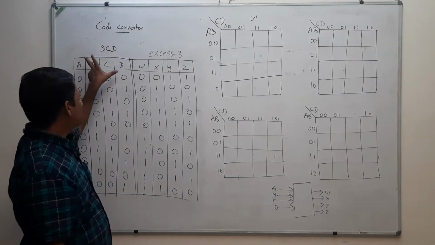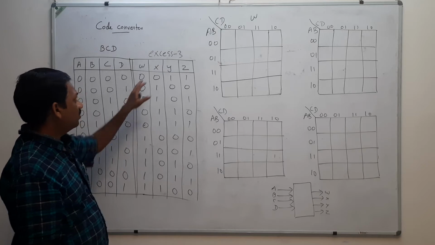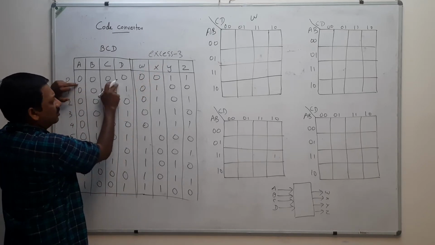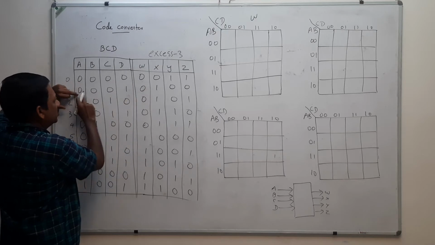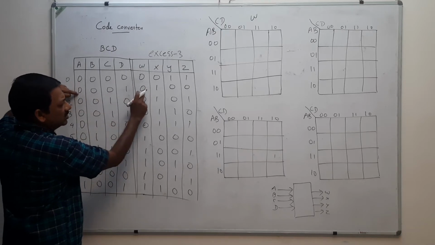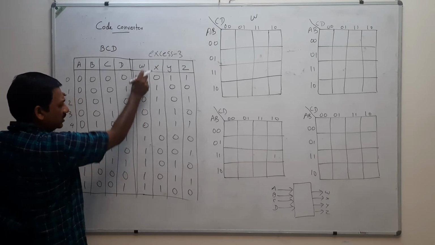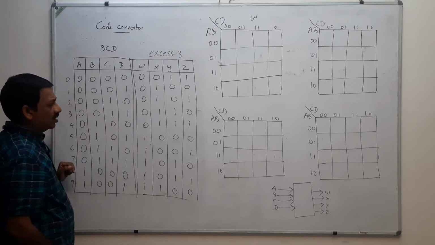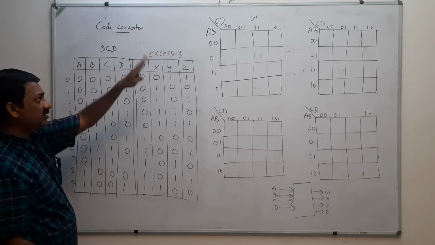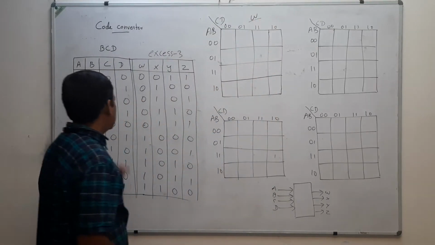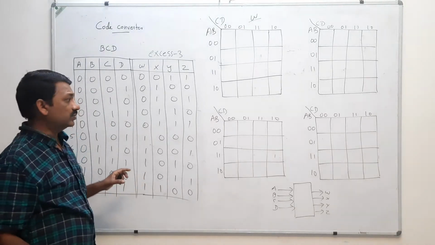Now these are the ABCD values and what is W? For 0, 0, 0, 0, the output is 0. 0, 0, 0, 1, the output is 0. 0, 0, 1, 0, the output is 0, etc. Now I am going to fill up this table. This is the table for W, and using Karnaugh map I am going to reduce that.